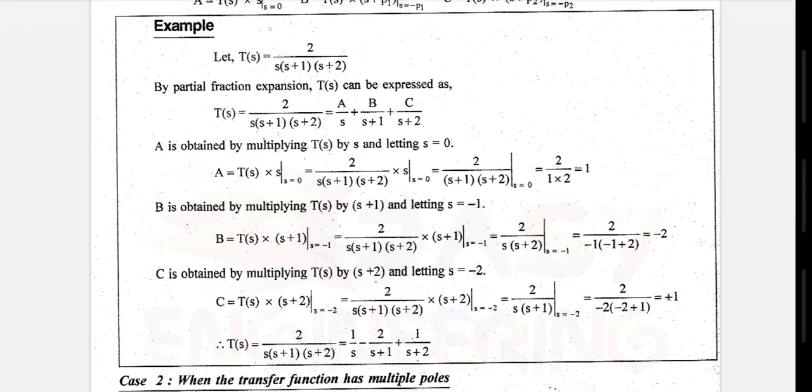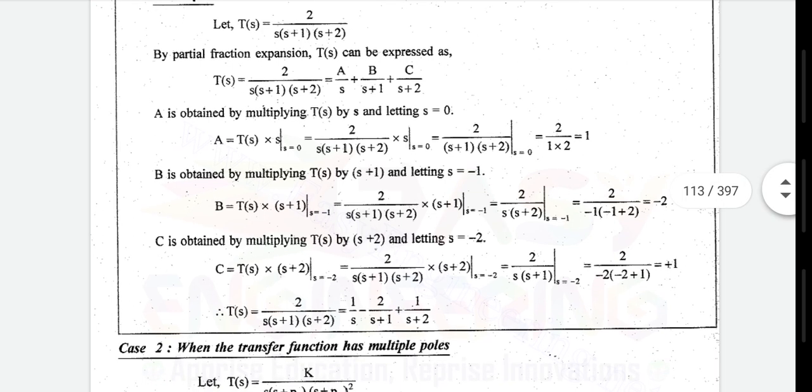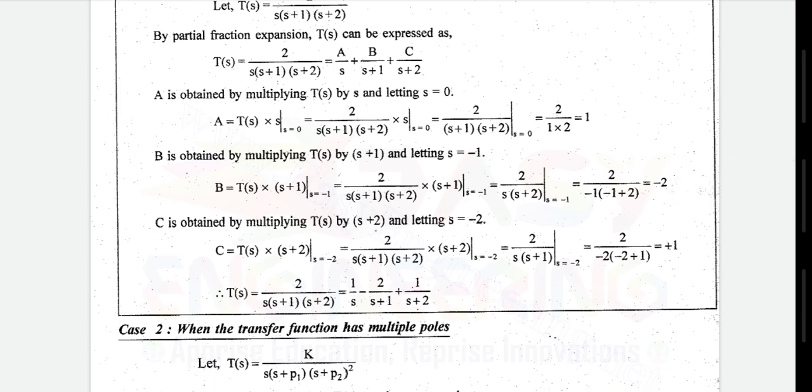Substituting the T of s value, that is nothing but 2 by s into s plus 1 into s plus 2, into s plus 2, by making s equal to minus 2. s plus 2 and s plus 2 get cancelled. So finally you will get 2 by s into s plus 1 by making s equal to minus 2. Substituting minus 2 here, 2 by minus 2 into minus 2 plus 1. What is the value? Plus 1.